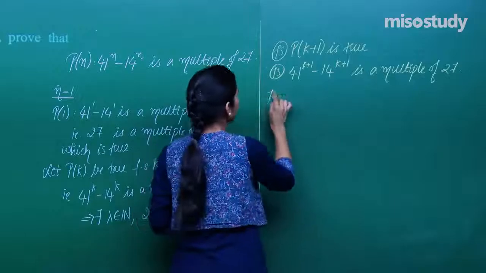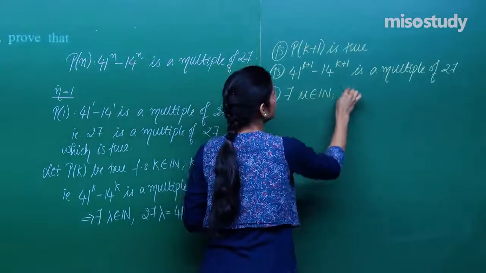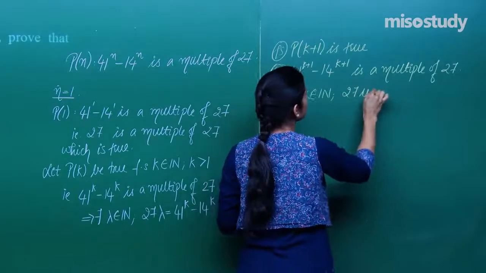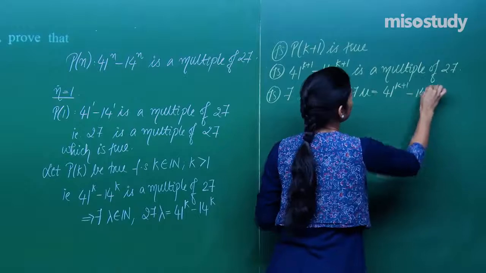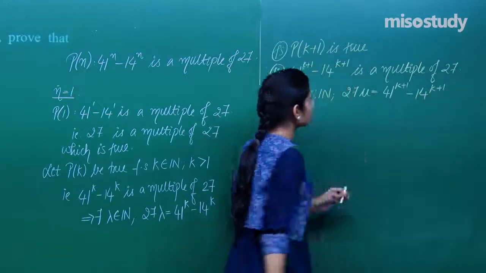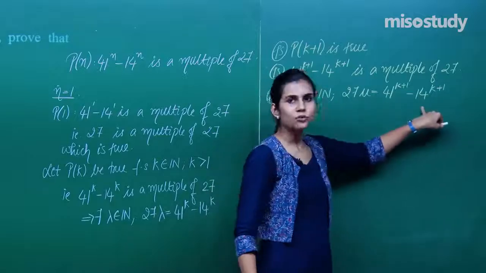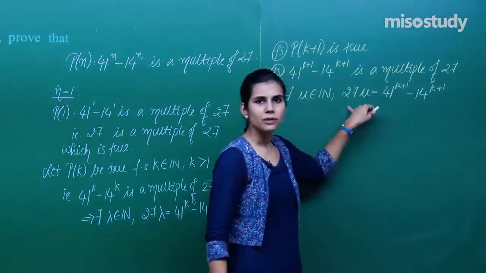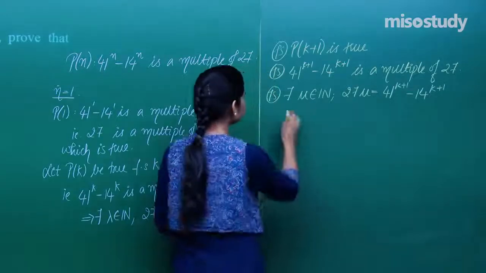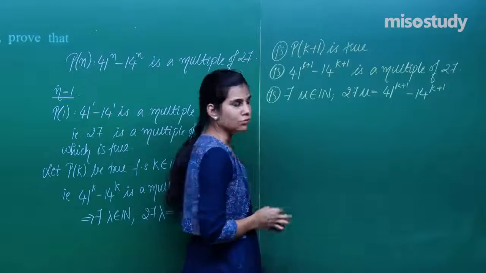That means I have to show there exists some quantity with which if I multiply 27, I get 41 to the power k plus 1 minus 14 to the power k plus 1. If I am able to get such a quantity mu such that this holds, that would mean that 41 to the power k plus 1 minus 14 to the power k plus 1 is a multiple of 27. Fine. So let us begin searching this mu.